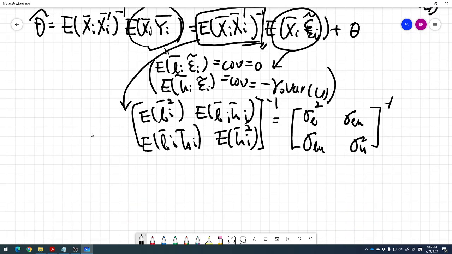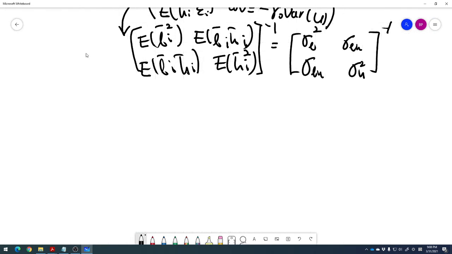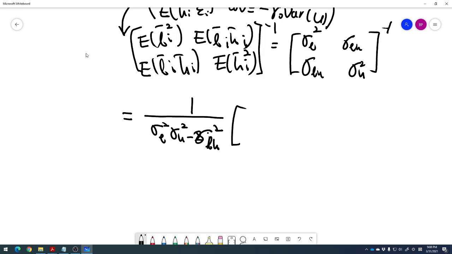And then you know how to calculate this. It is sigma L squared, sigma H squared minus sigma LH squared, yes, right, and sigma H squared, minus sigma LH, minus sigma LH, sigma L squared.